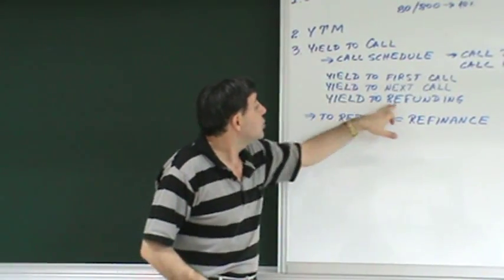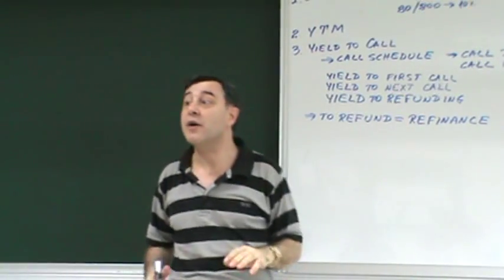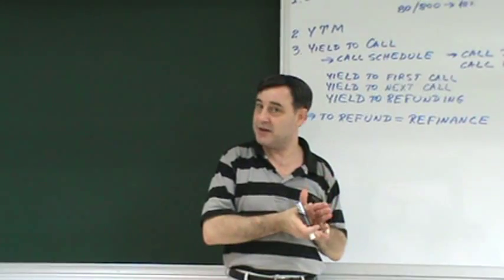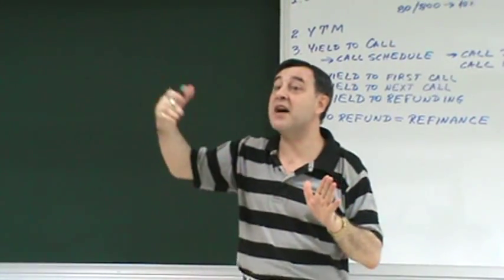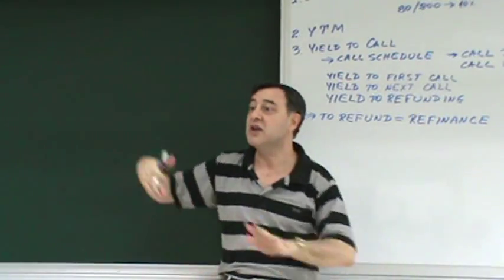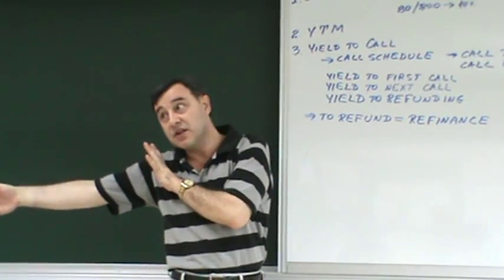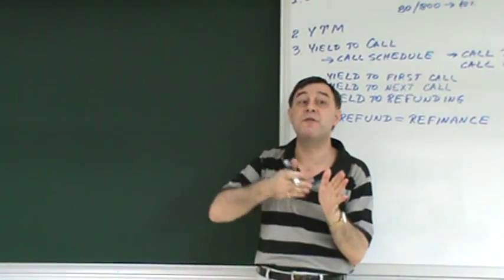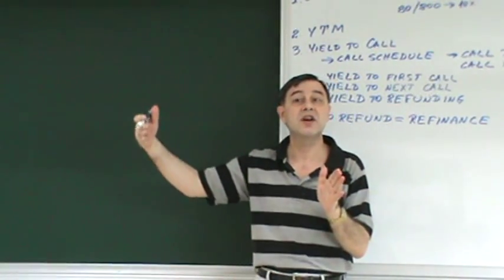So, yield to refunding means, oh, it's a 10-year bond, 1 year has already passed, now there are 9 years left. For the first 5 years, you've got a restriction. For the last 5 years, you can refund. This means that they cannot refund for another 4 years.